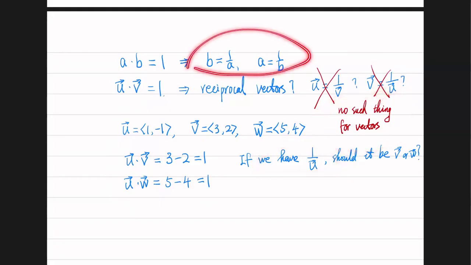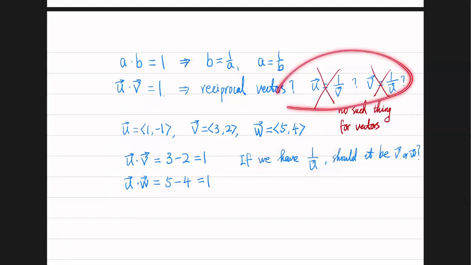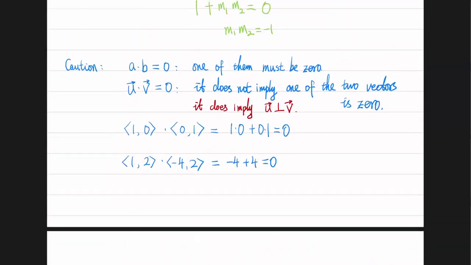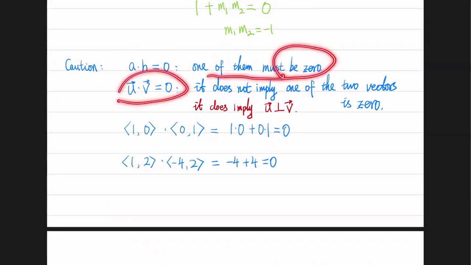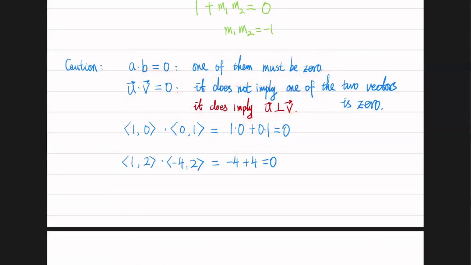Reciprocal of numbers, and no reciprocal of vectors. Similarly, if the product is zero, one of the numbers must be zero, while the two vectors only tend to be perpendicular. Okay, so that is the connection and the difference between numbers and vectors.